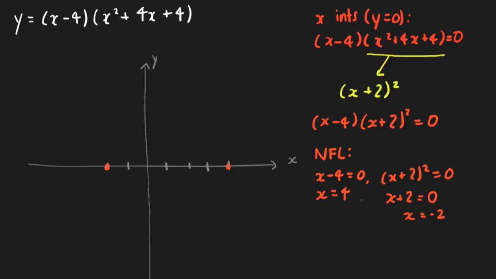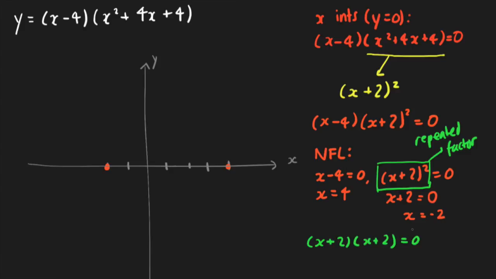Okay? Now, in fact, this repeated factor here, right? I say repeated factor because you can think of it in another way. You can say x plus 2 times x plus 2 is equal to 0, right?